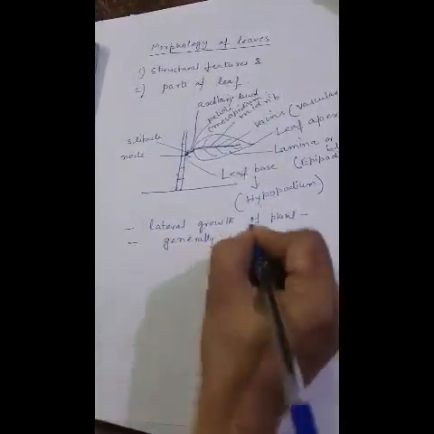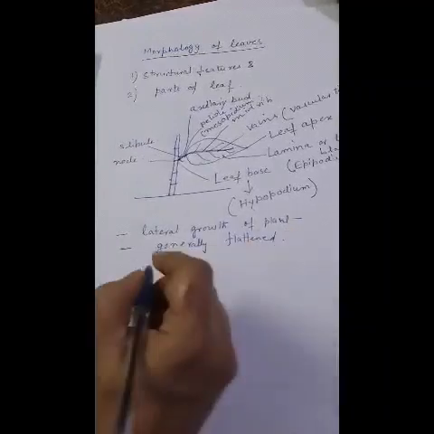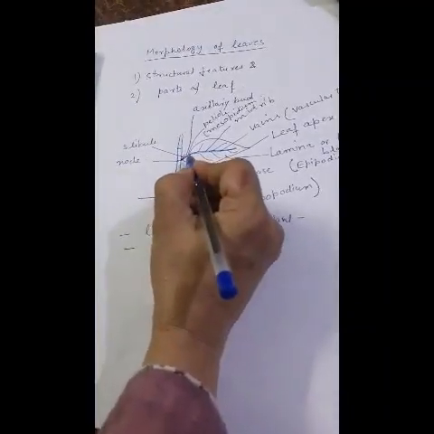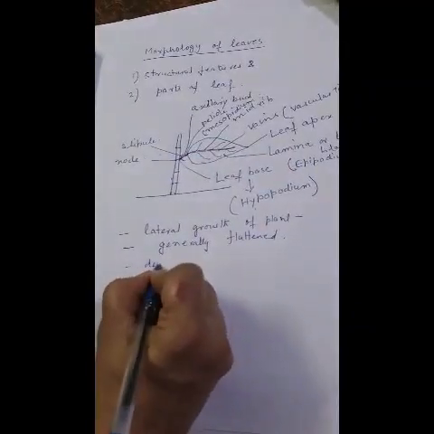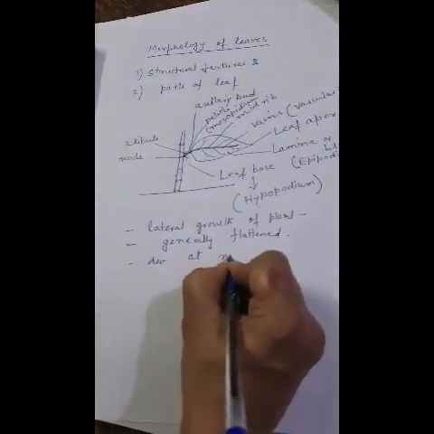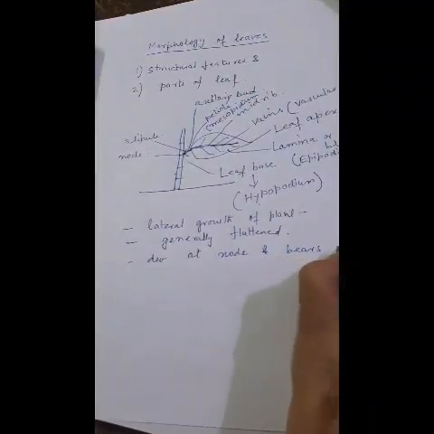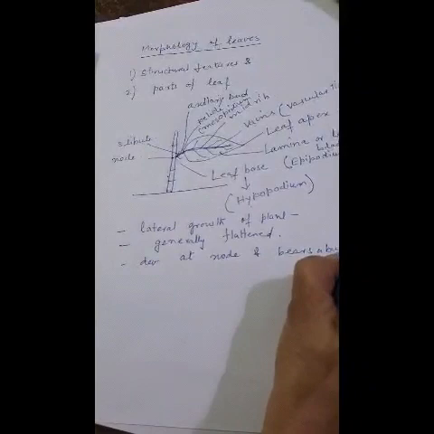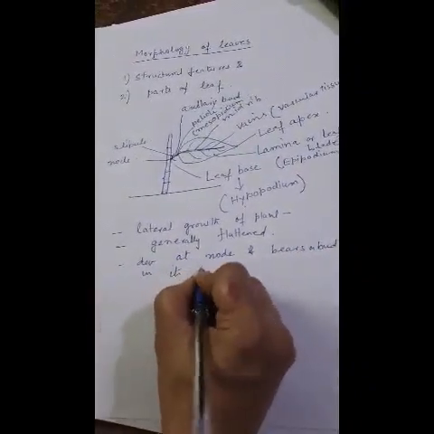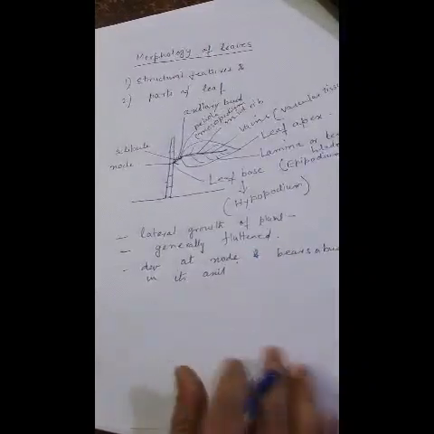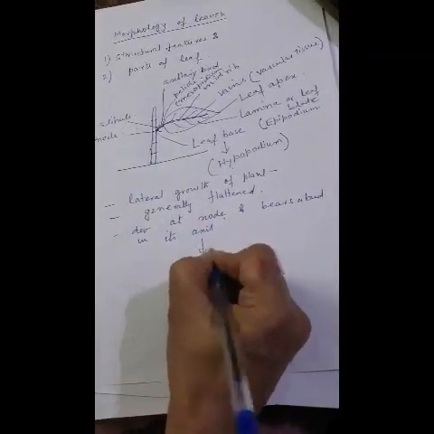It develops at node and bears a bud in its axil, which is known as axillary bud. Axillary bud later develops into branch.